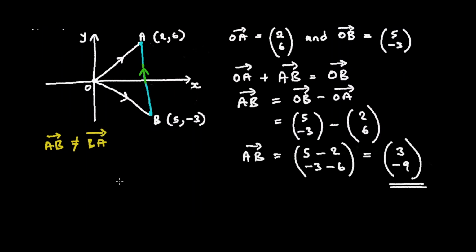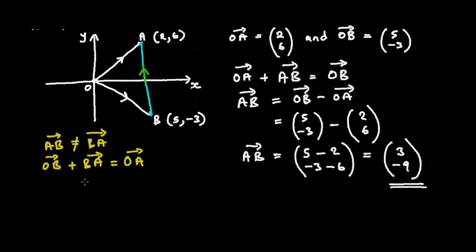But let us prove it mathematically. If we want to find BA, in reverse direction, we are going to look for vectors which follow. So here we see that OB is following BA, which is equal to the vector in the opposite direction, OA. So what is OB? We come back here.